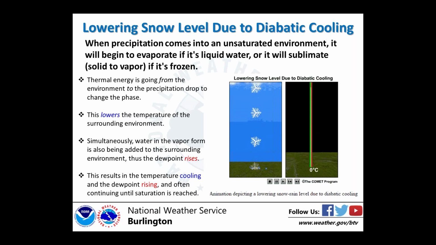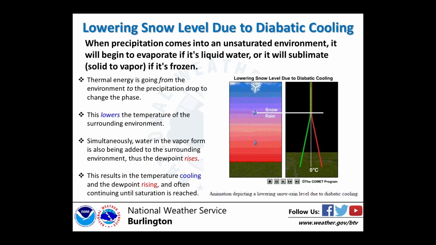So basically the red line is temperature, the green line is dew point, and as the snowflake is changing phase, going from liquid to gas by evaporating, or from a solid to a vapor, they start to come together.